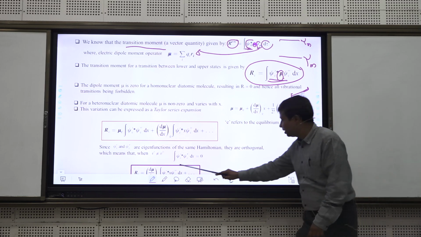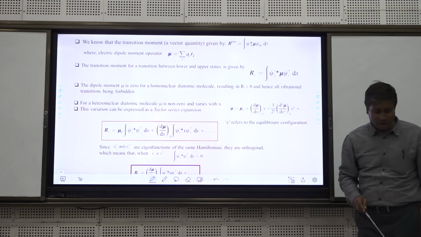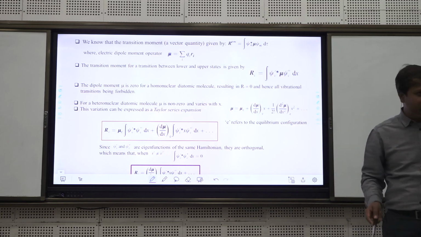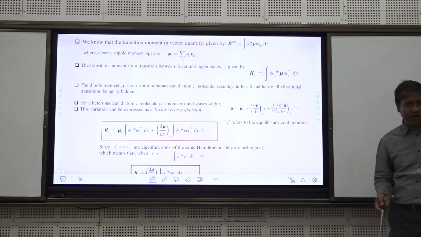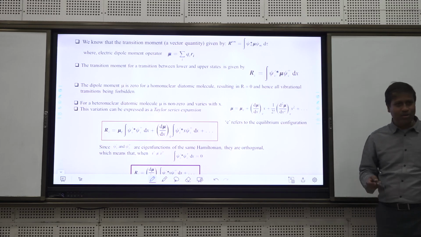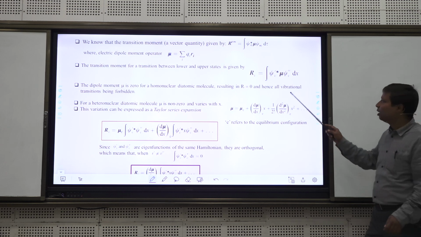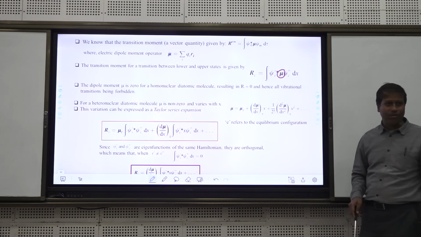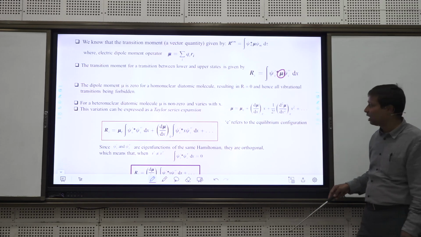Before that, let us talk about why a molecule having no permanent dipole moment does not show an IR spectrum. If the molecule has no permanent dipole moment, then that molecule is IR inactive. Why? Because this term becomes 0, so intensity is 0. This is a kind of selection rule, and you are seeing how it arises.